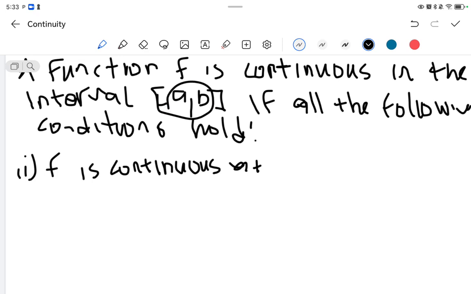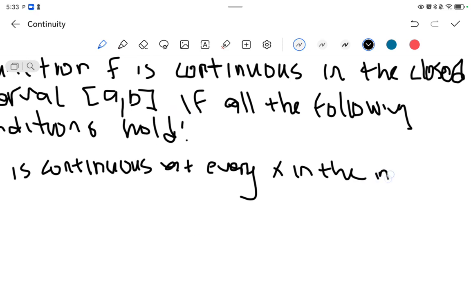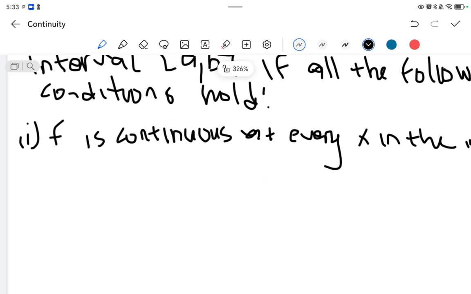Every x within this interval AB should be continuous.